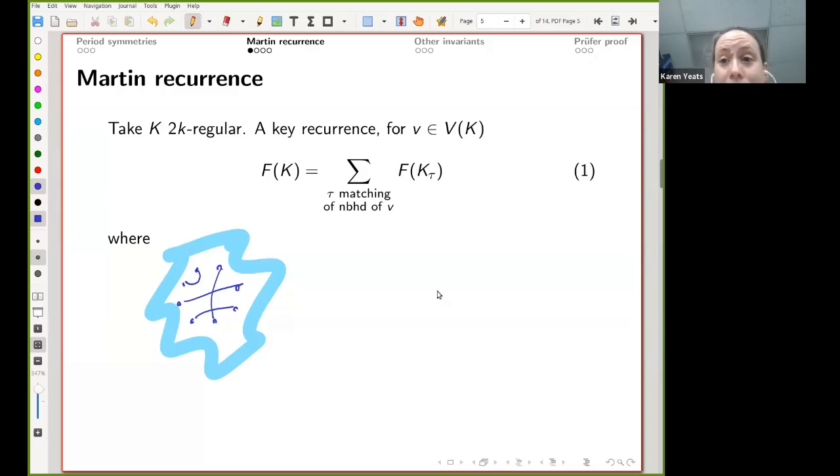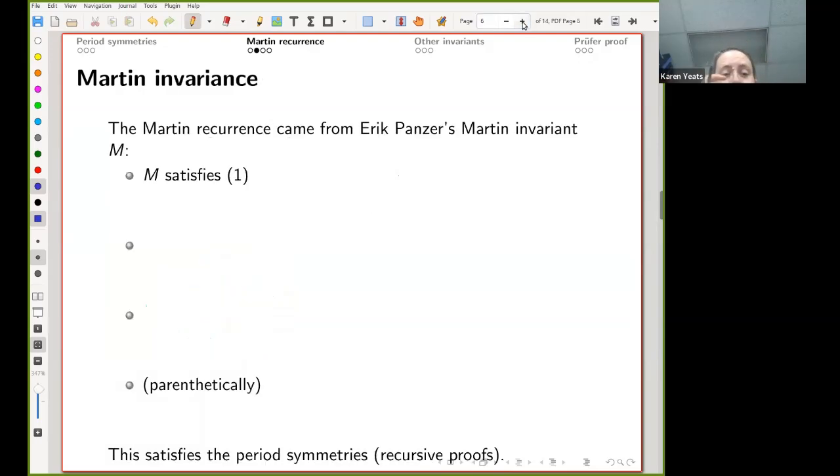Wait, what's an example of something that satisfies this recurrence? Well, this recurrence came from an observation that Erik Panzer made, that you can take a particular coefficient from the Martin polynomial, and now there's a slight caveat. You have to be careful that you normalize it the correct way, and I will tell you exactly what I mean on the next slide. And then you get something that satisfies that recurrence.